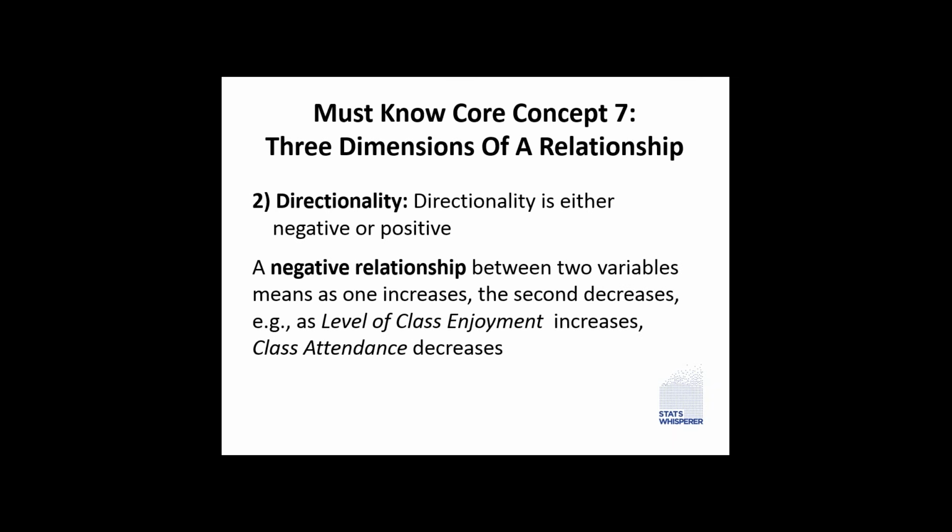A negative relationship between 2 variables means as one goes up, the other goes down. So if scores for class enjoyment go up, and it's a negative relationship, class attendance goes down as those scores go up. They go in a reverse direction.